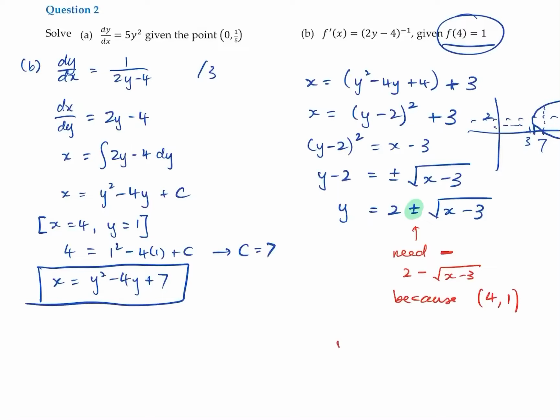All right, so we have y equals 2 minus square root x minus 3. Now, I've got 2 things to say about this. First of all, in general, I think that's the better answer. When we're dealing with differential equations, there's no guarantee that our answer is going to be a function as opposed to a relation. We should not be prejudiced against functions.